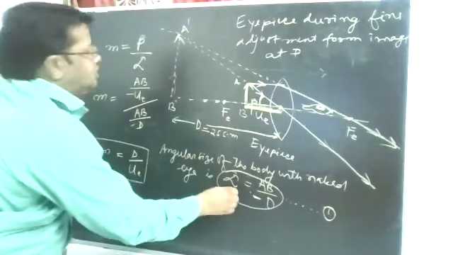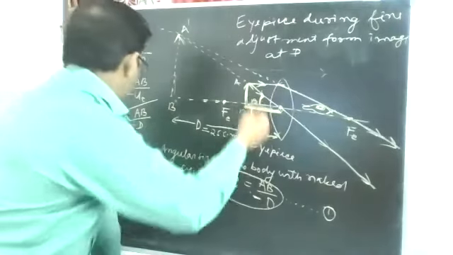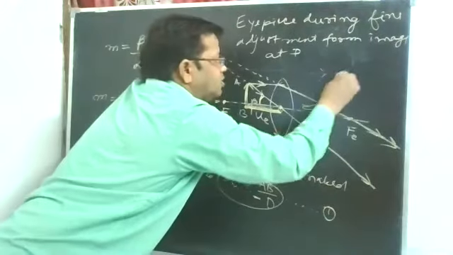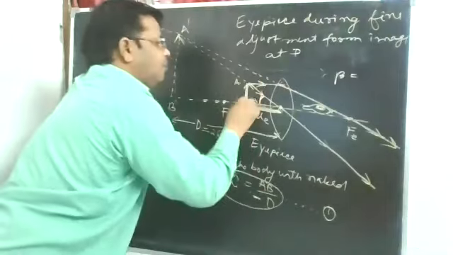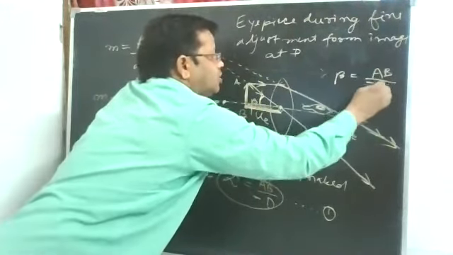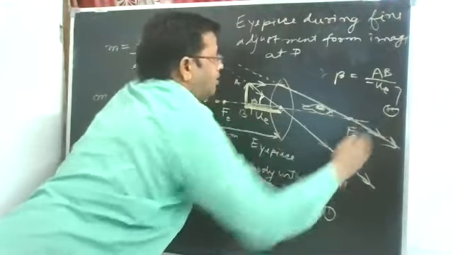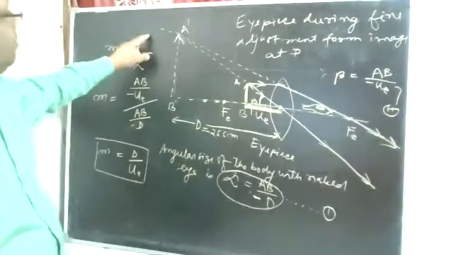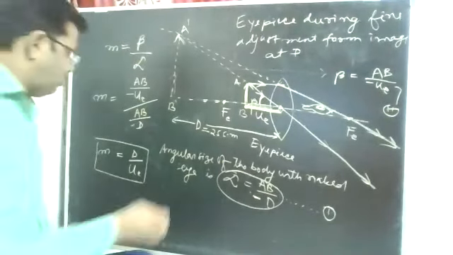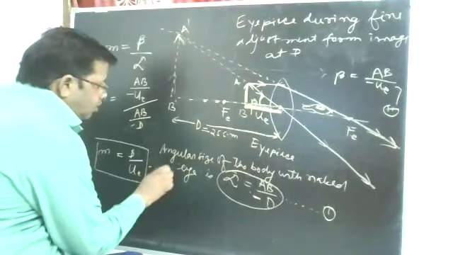This is the first equation. And you write here beta is equal to AB upon minus UE. You put this as the second equation. Now second by first, we get the magnification formula, D upon UE. This is equation number 3.